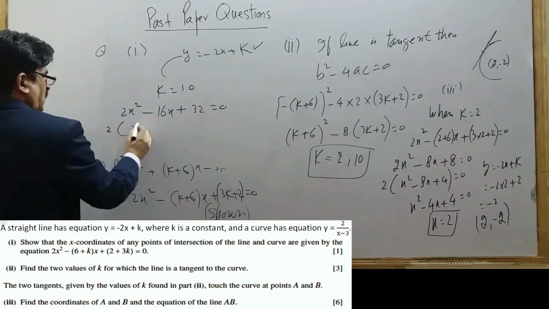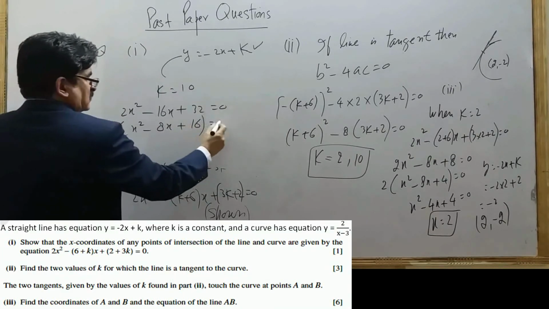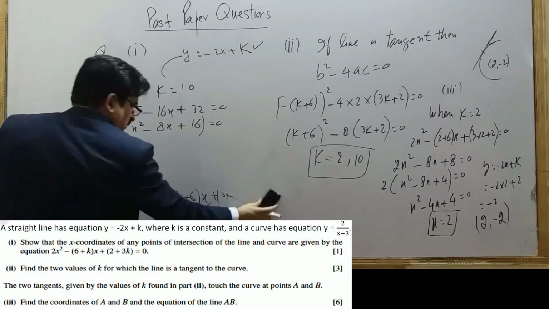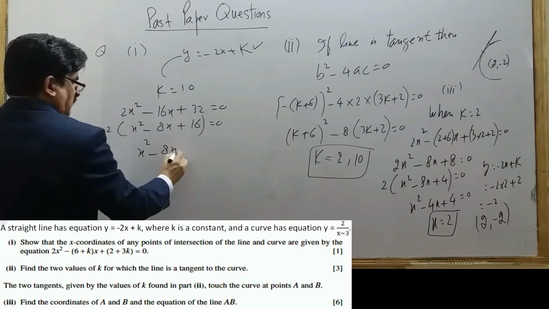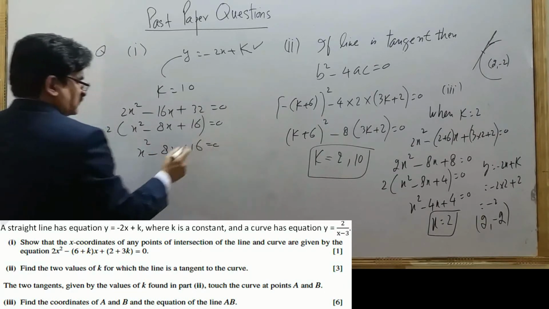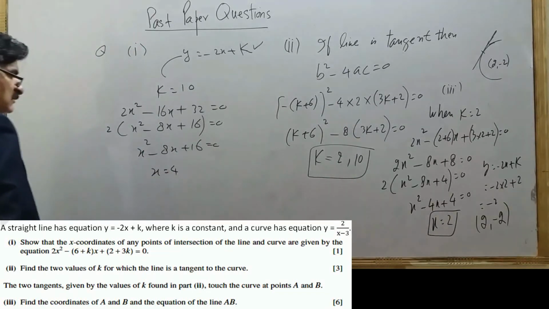Again you can take 2 common, you will have 8x plus 16 equal to 0. On simplifying, you have x square minus 8x, again a 3 term quadratic. We will solve it, you will see that your solution is x is equal to 4.